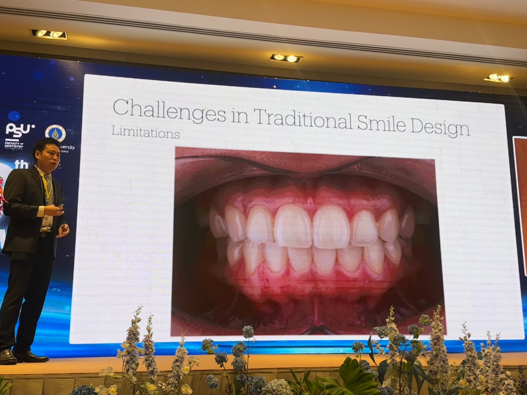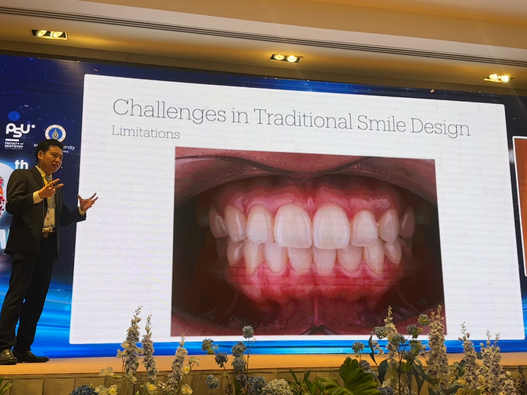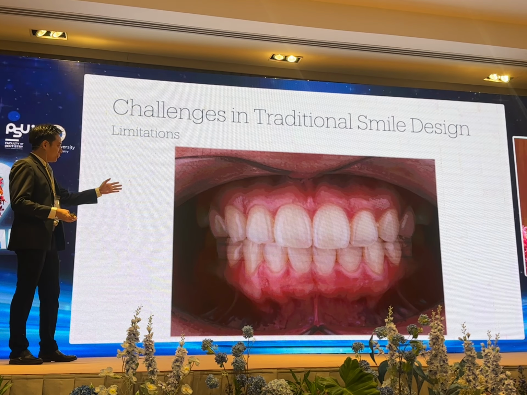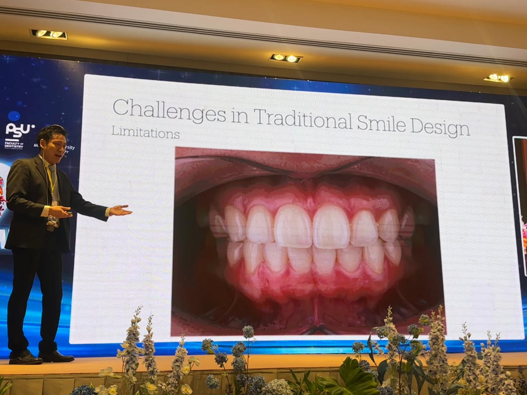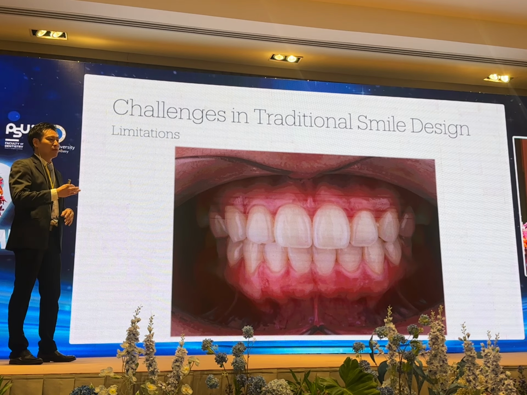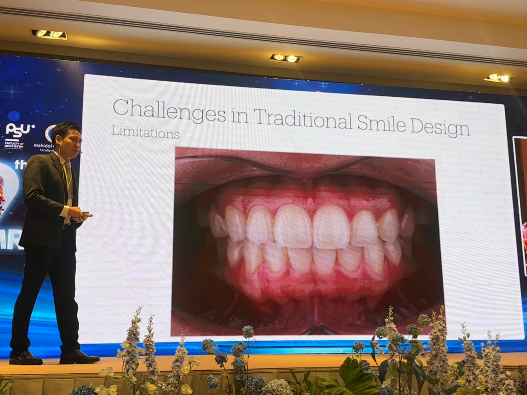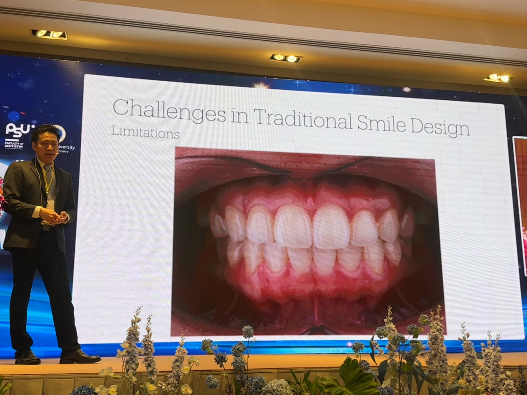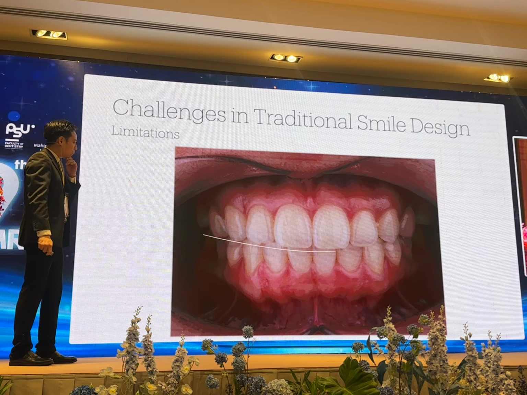Moreover, when you are working with a case and a picture, if you did not collect the proper information, you see a picture like this and send it to the lab, asking the lab to do the lab work. Okay, this patient comes in, she wants to fix her smile, she wants to make her 6 or 8 anterior teeth. At the beginning, you will think, oh, this case is simple.